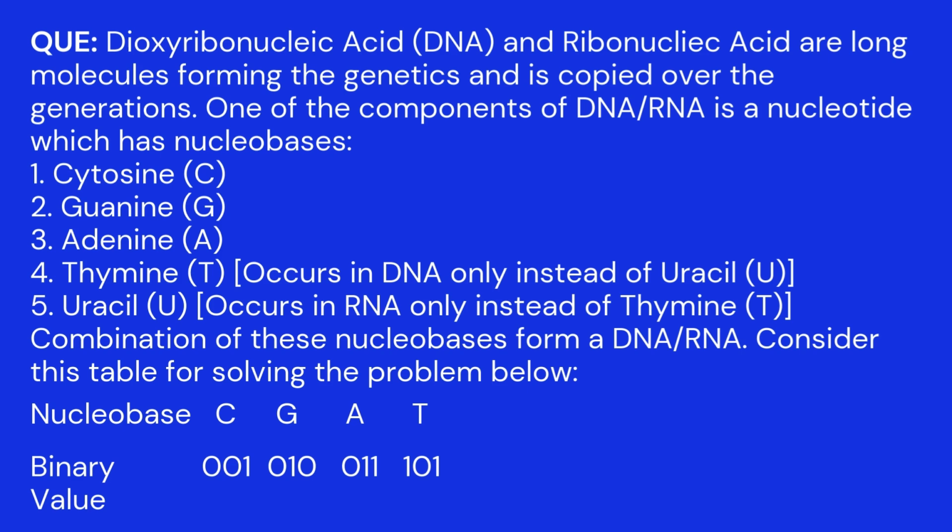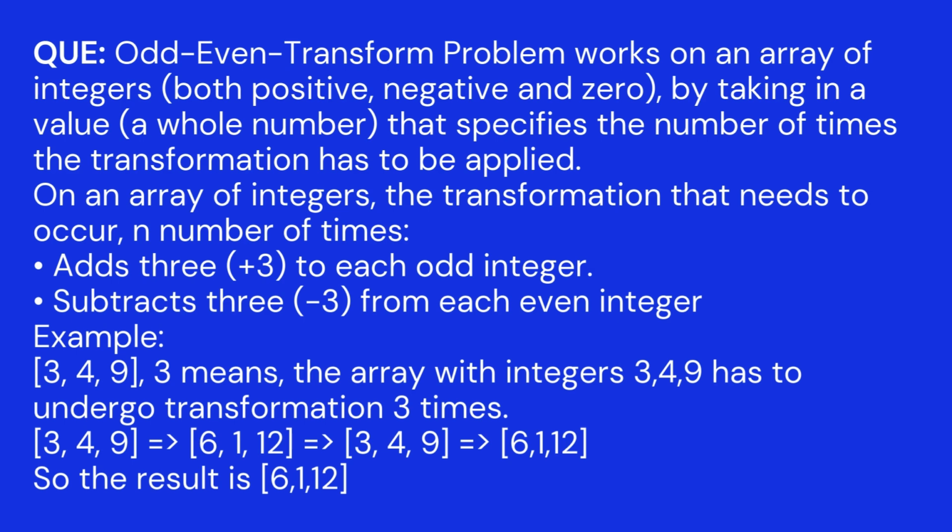Uracil, U, occurs in RNA only, instead of thymine, T. A combination of these nucleobases forms DNA or RNA. Consider this table for solving the problem below. Nucleobase CGAT binary value 001011101.